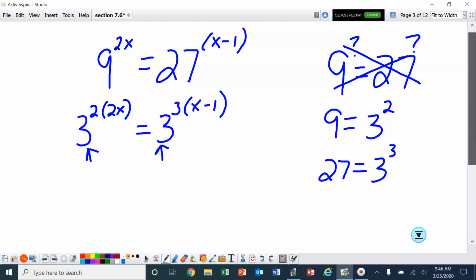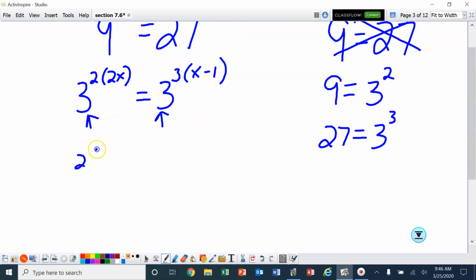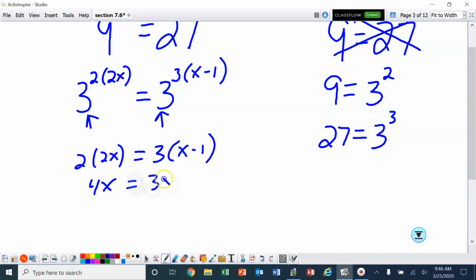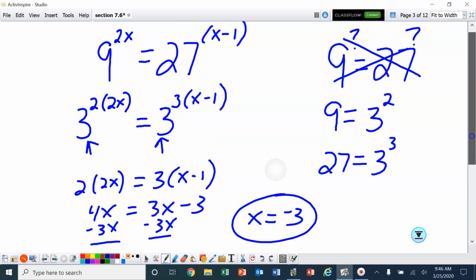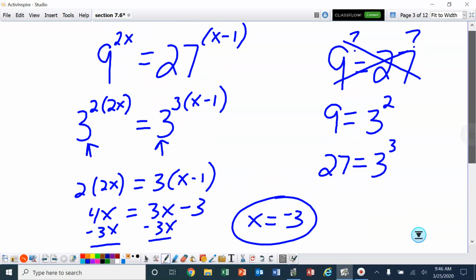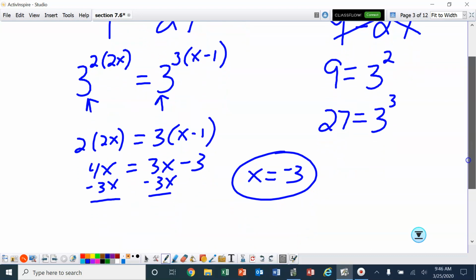Now we can set them equal to each other and solve. And we end up with x equals -3. Again, I could check that by plugging it back in, and they should be equal to each other.